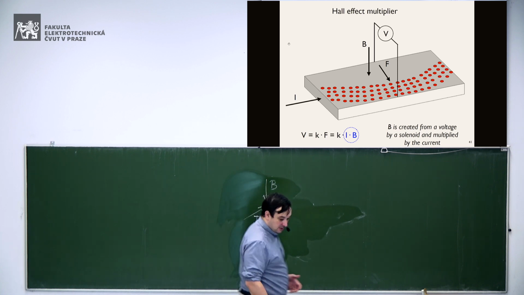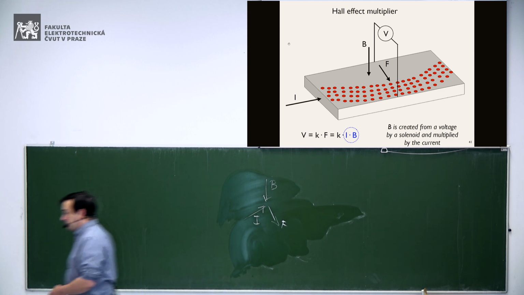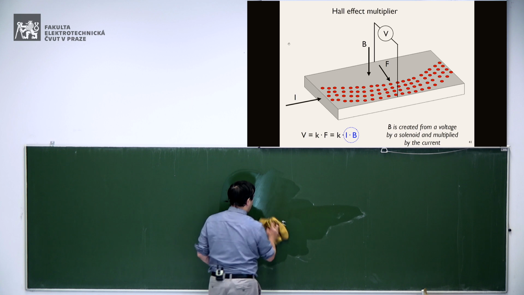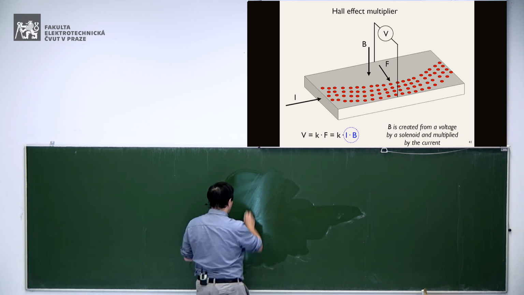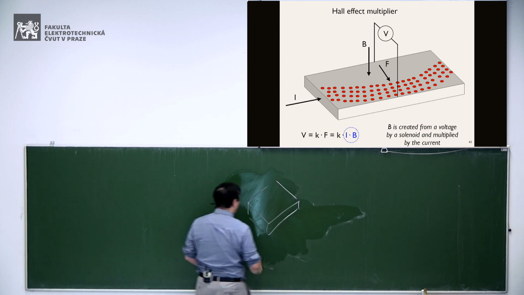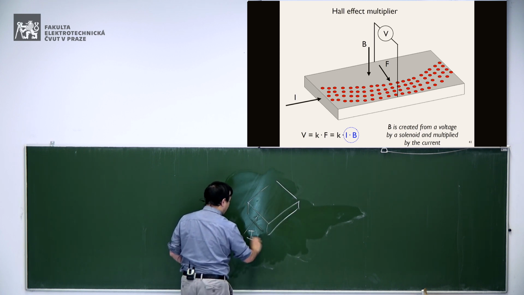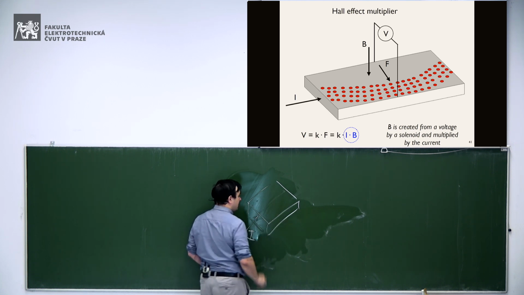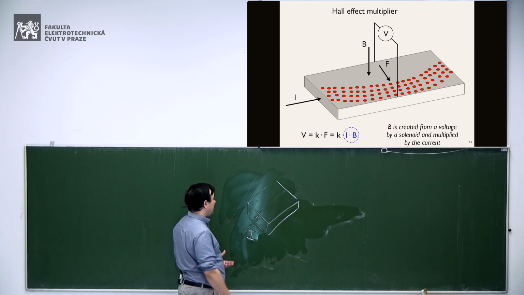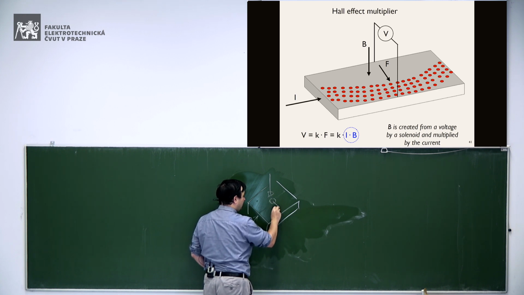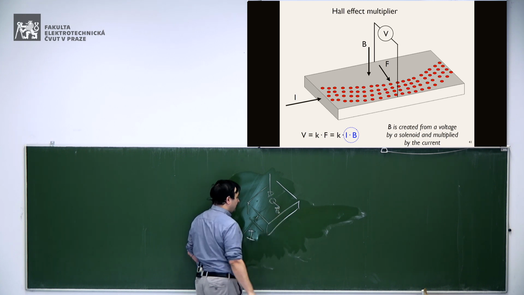So you have a chip of semiconductive material. You inject a current. The current flows inside this chip of semiconductive material. Since you apply a magnetic field, you will have a charge, and the charge will experience a magnetic force.